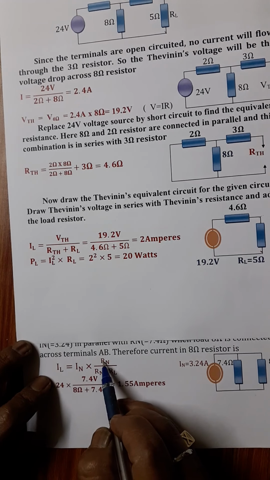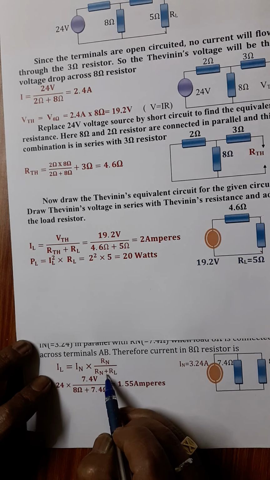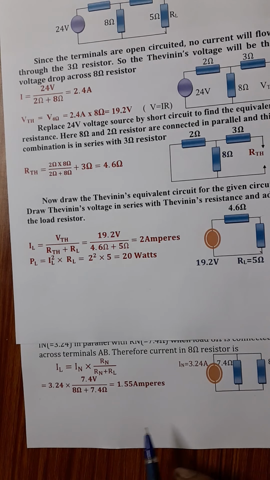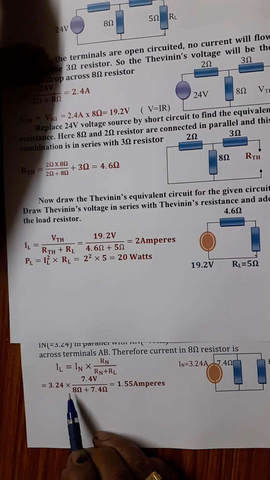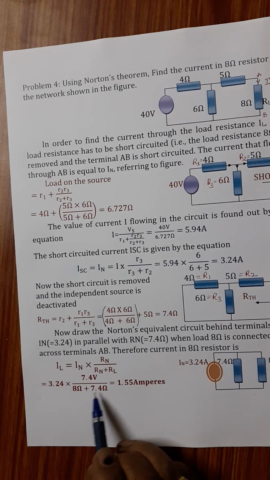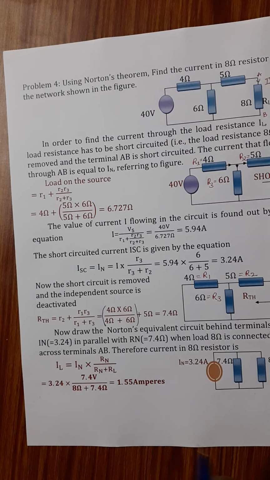RN is Norton's resistance, and this is Thevenin's voltage. So Norton's resistance plus RL. By substituting the values, I am getting 3.24 into 7.4 divided by 8 ohms plus 7.4 ohms. That is equal to 1.55 amperes.